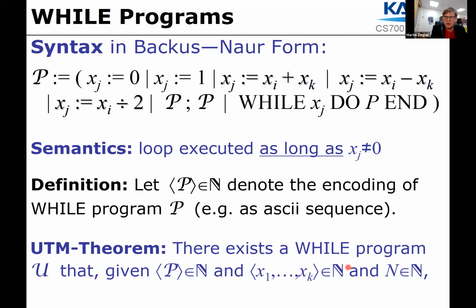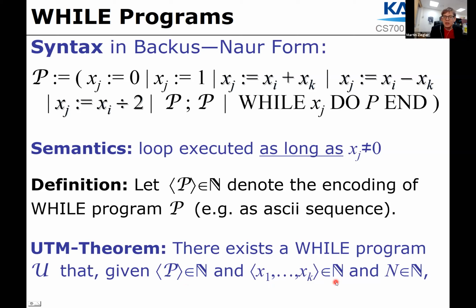And the UTM theory about computability says there exists something called a universal Turing machine, but of course, in this lecture where we don't talk about Turing machines, it's basically a universal while program, namely a while program that takes as argument, as input, another while program and an input for that while program, encoded using Hilbert's pairing function, possibly as one single natural number argument.